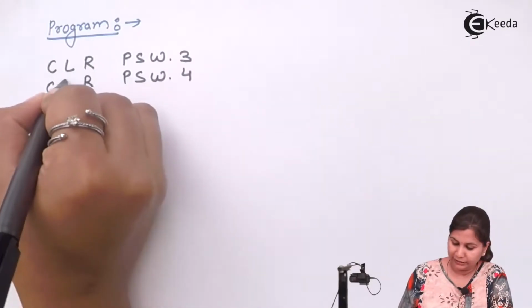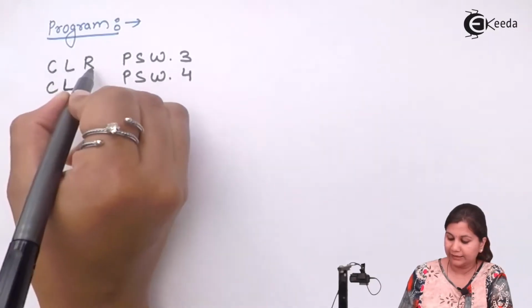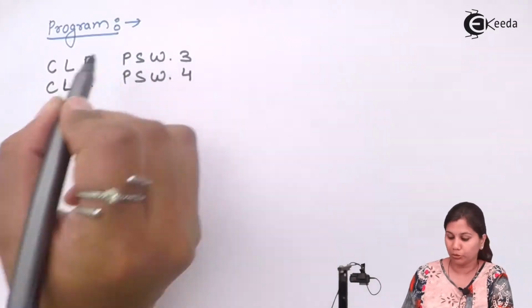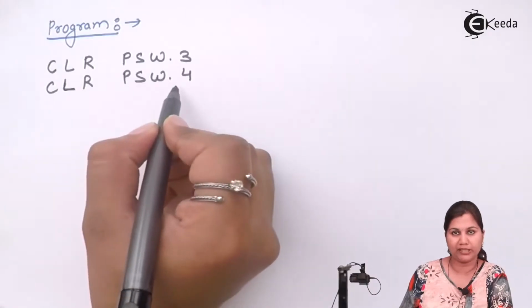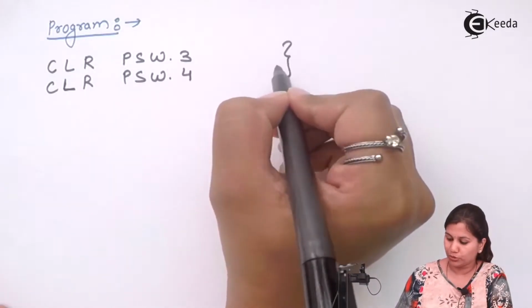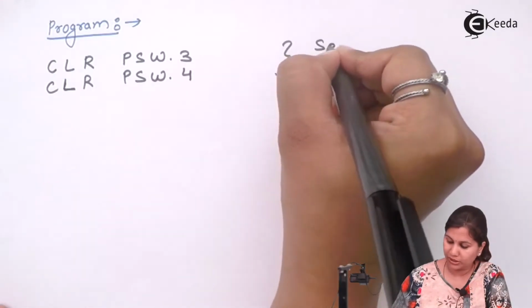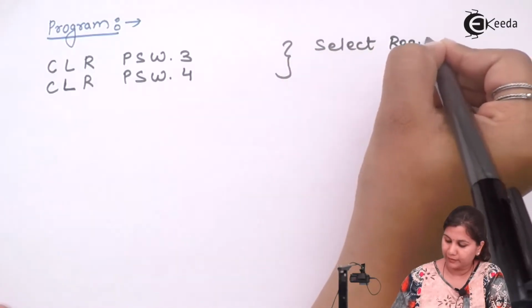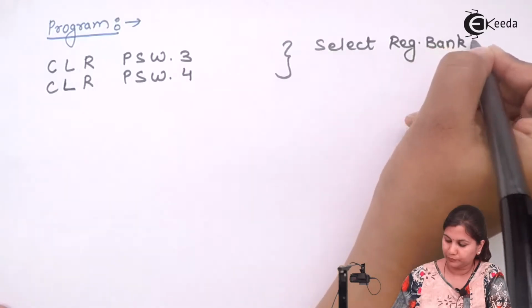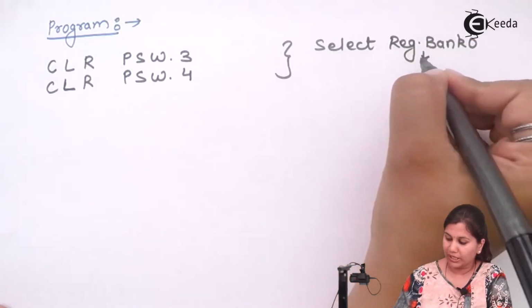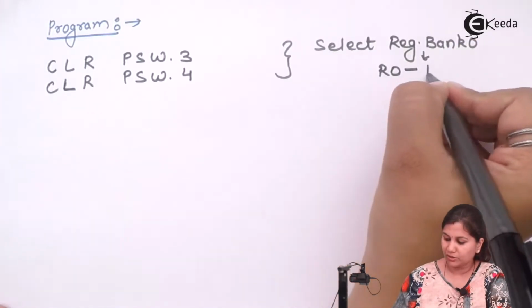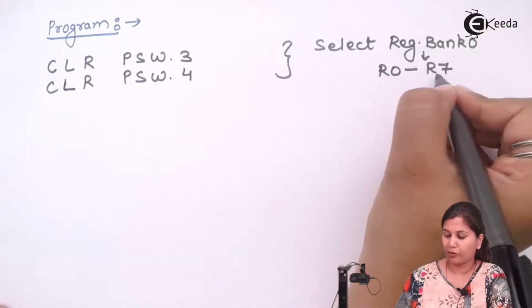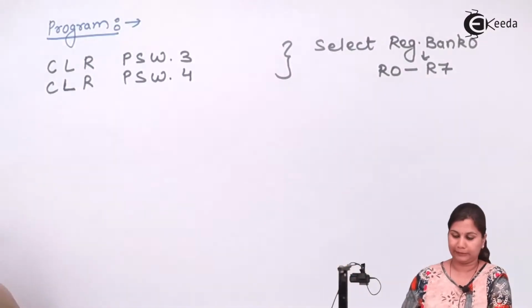So we are writing the clear instruction that clear the third bit of PSW, clear the fourth bit of PSW. So these two instructions are going to select the register bank 0. So now we can use any of the 8 registers of this register bank from R0 to R7.